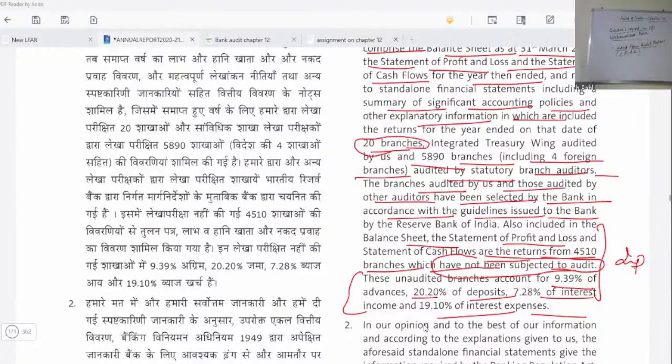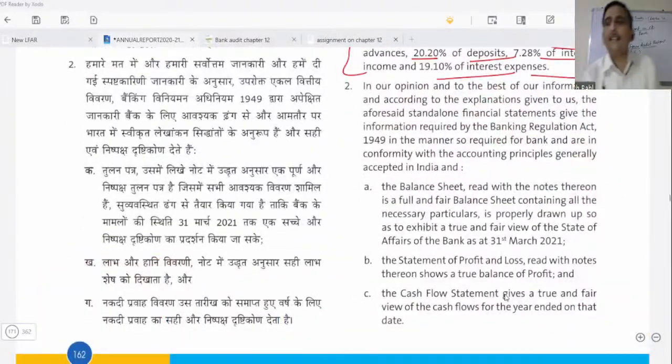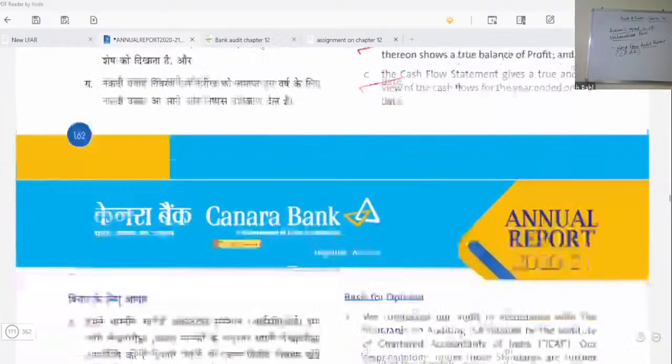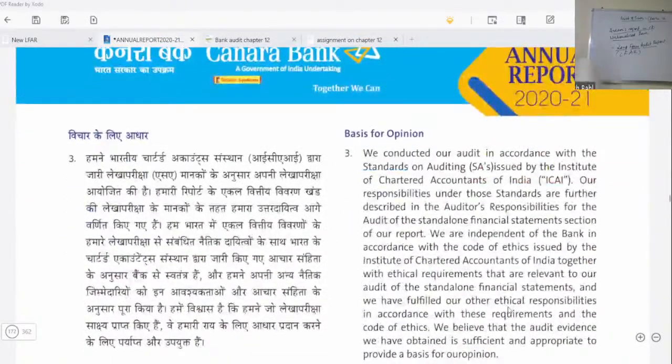Okay. Then it goes on to state that the balance sheet, profit and loss and cash flow statement give a true and fair view. And again the same thing which we had studied in the chapter on audit report: after the opinion, the auditor gives the basis for opinion.